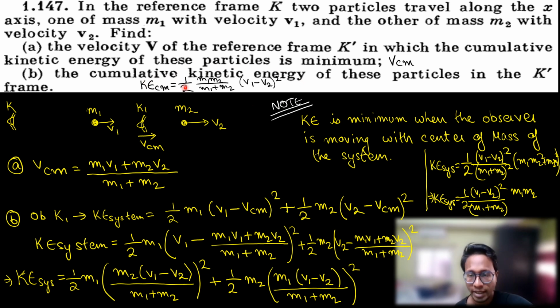Whenever there is a two particle system, the net kinetic energy as seen by the center of mass is nothing but half m1 m2 divided by m1 plus m2. This is known as the effective mass, and this one is the relative velocity of one particle with respect to the other. This will come in handy in question number 149, where we'll use the same formula.